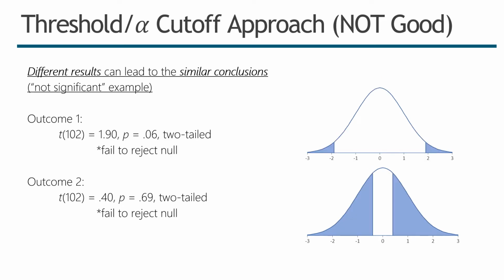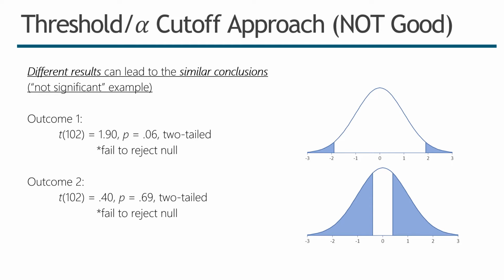Another problem with the threshold approach is that in some circumstances, different results can lead to similar conclusions. For example, in outcome 1, you have a p-value of 0.06. In outcome 2, you have a p-value of 0.69. Clearly, based on what we learned about p-values earlier, the 0.06 is much stronger evidence against the null hypothesis than the 0.69. But in both of these situations, you would describe the outcome as not significant and you would not reject the null.